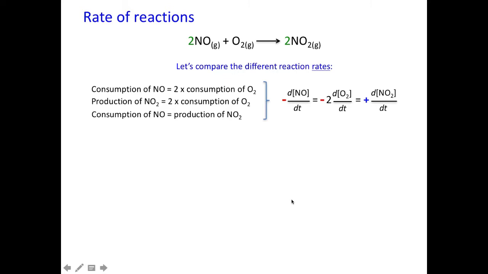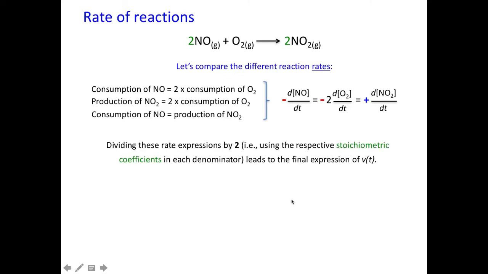Now, how can we express this to get a single value for the reaction rate? First of all, we can divide these rate expressions by 2, which means we would be using the respective stoichiometric coefficients in each denominator. The stoichiometric coefficients are 2, 1, and 2.